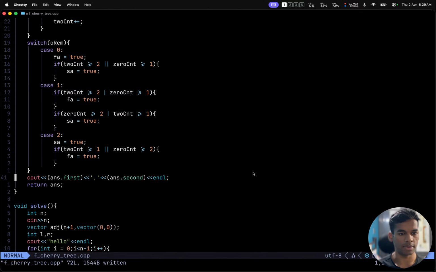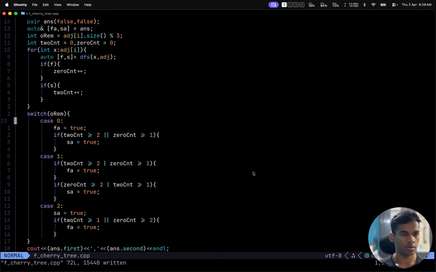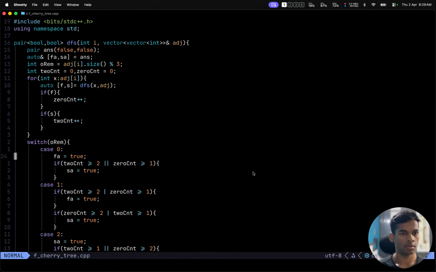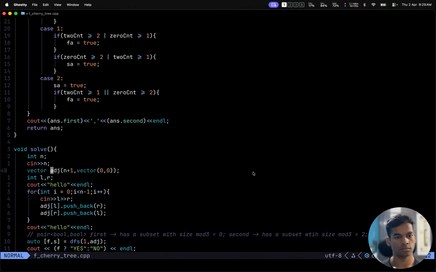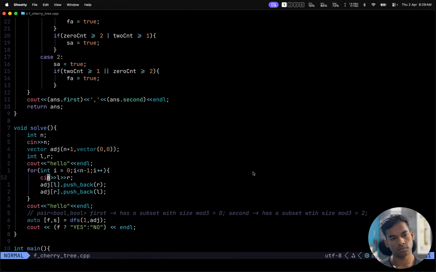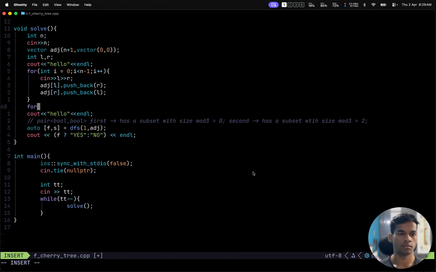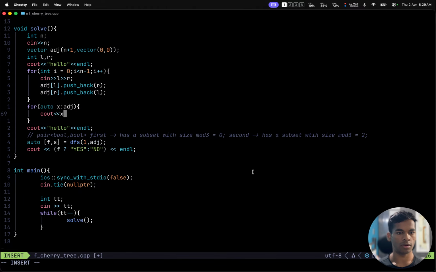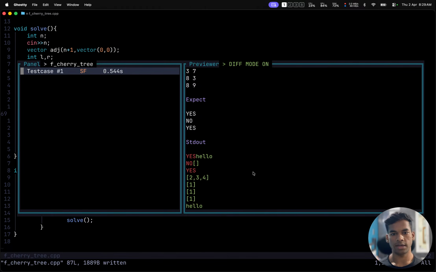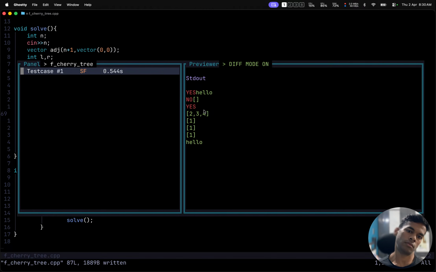Or we don't see anything being returned. Auto X in ADJ, cout X. What do we get? 0, 1, 2, 3.